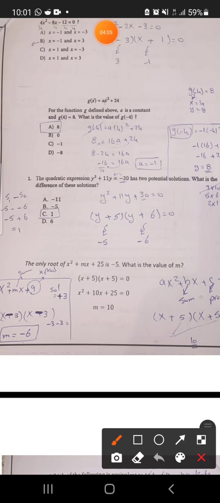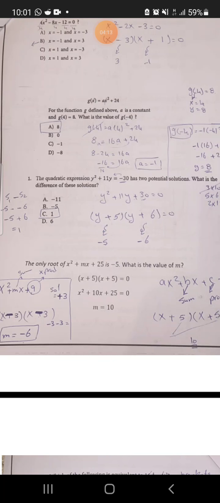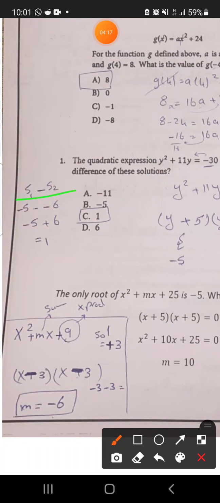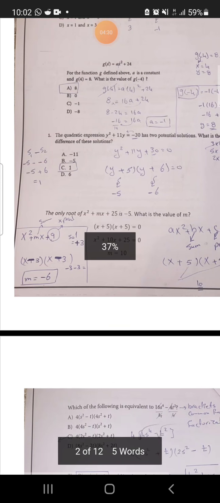You want the solutions, the opposite: negative 5 and negative 6. So S1 minus S2 is negative 5 minus negative 6, so negative 5 plus 6 equals 1. Is that hard?